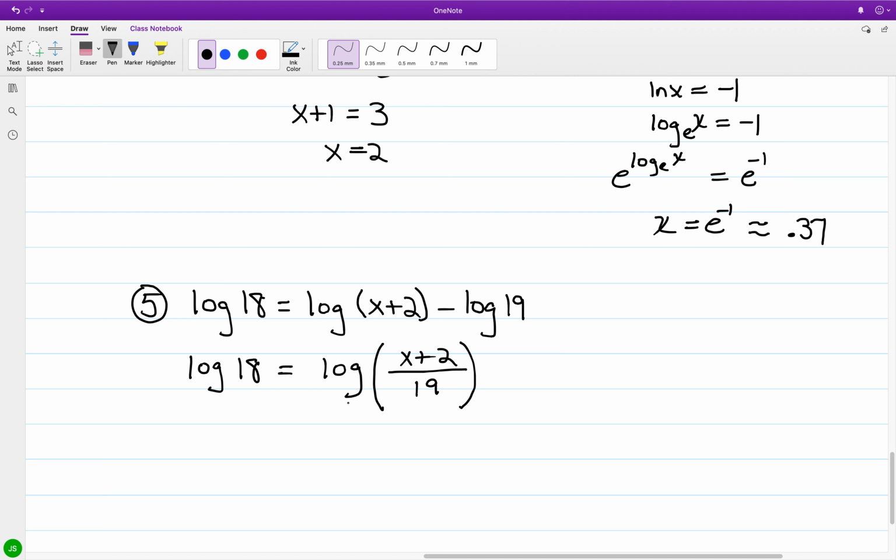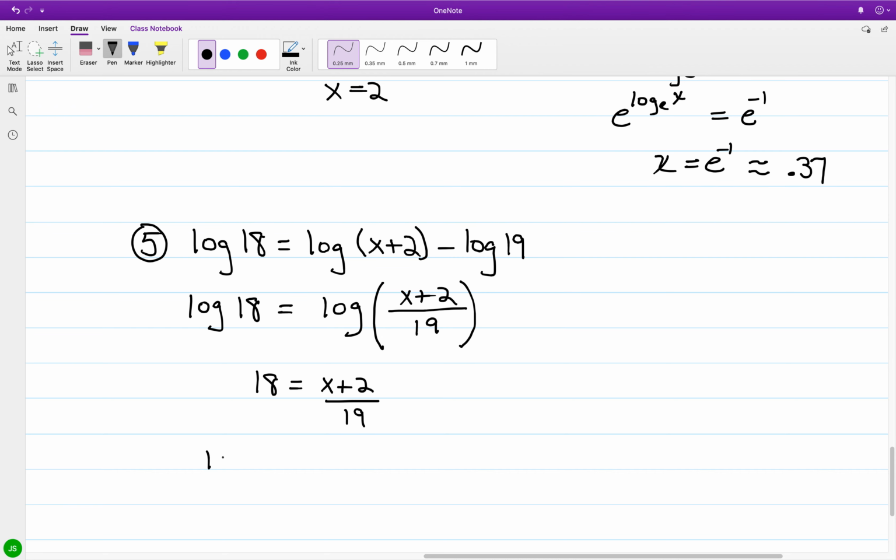And since we have the same logarithmic base, I can now set the arguments equal to each other. So I have 18 is equal to x plus 2 over 19.